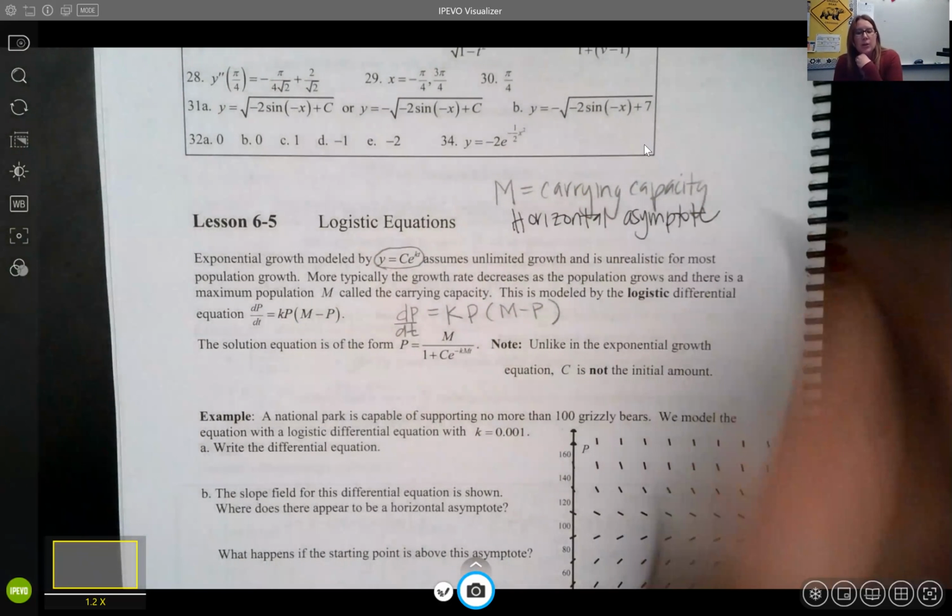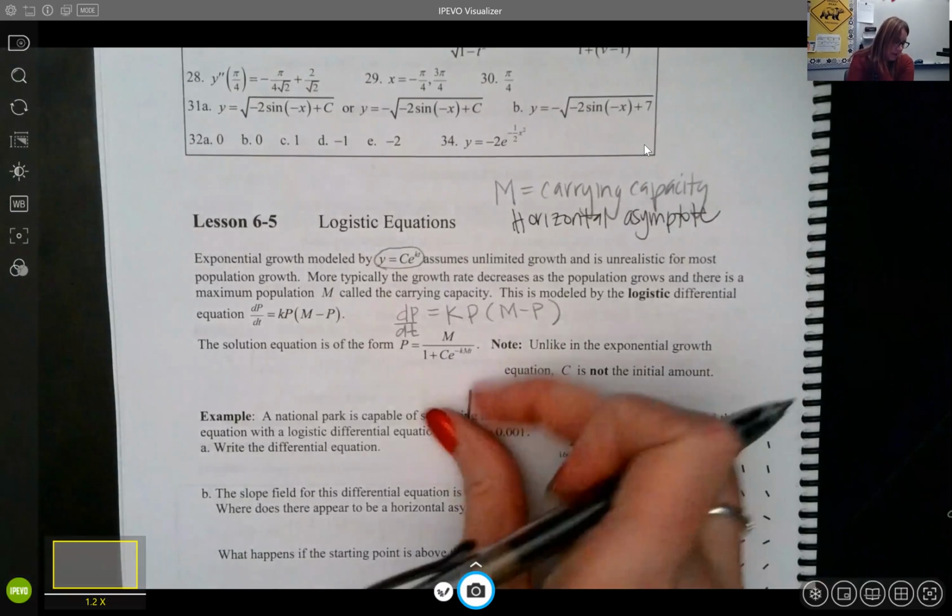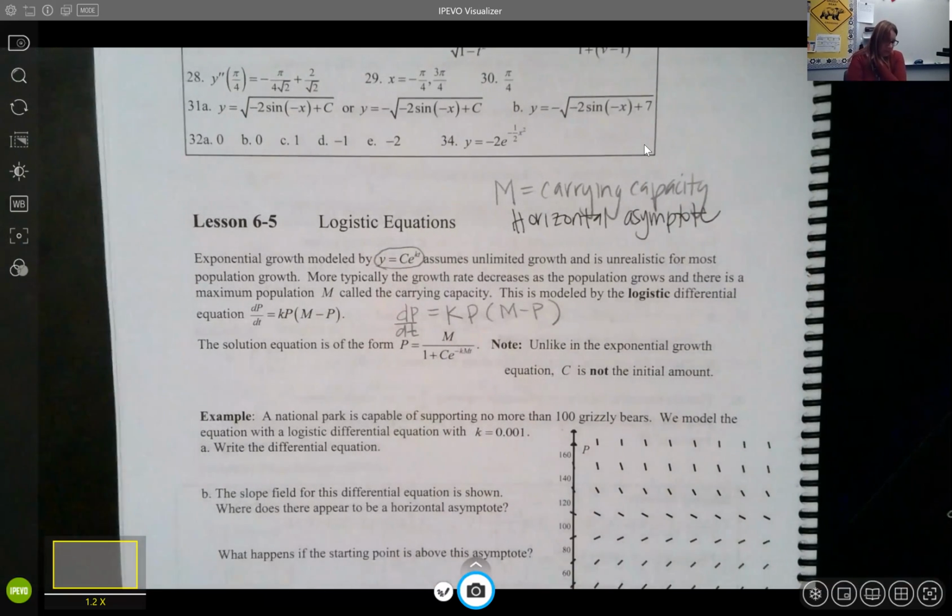Okay, so the M value is a horizontal asymptote. So if it tells me the maximum number of population, what it could be, then that's going to be my horizontal asymptote, or my limit as t approaches infinity, or as time gets extremely large, okay?